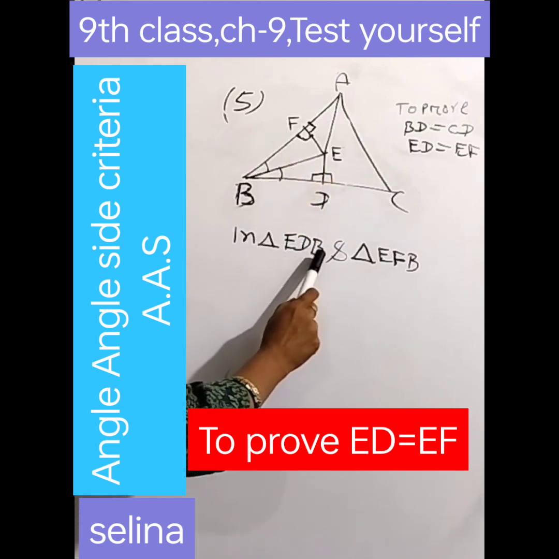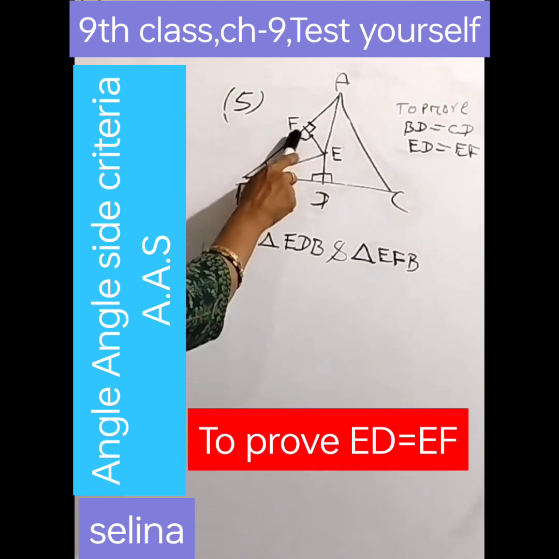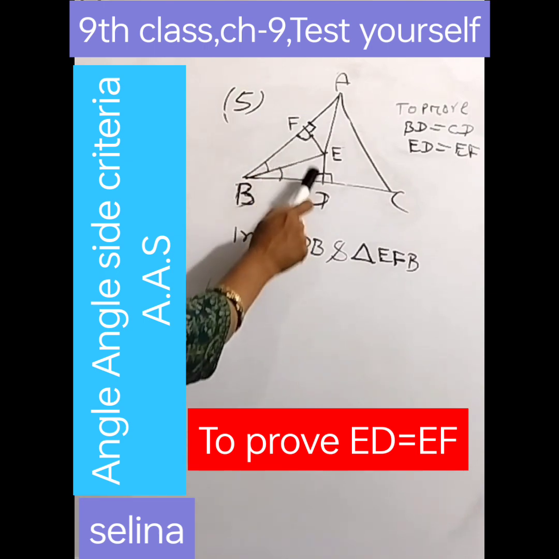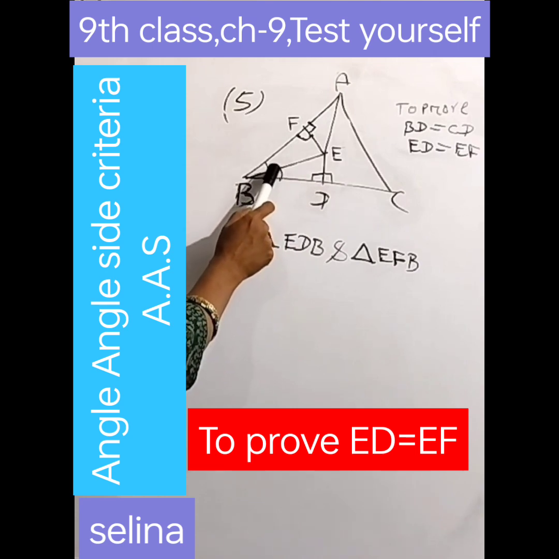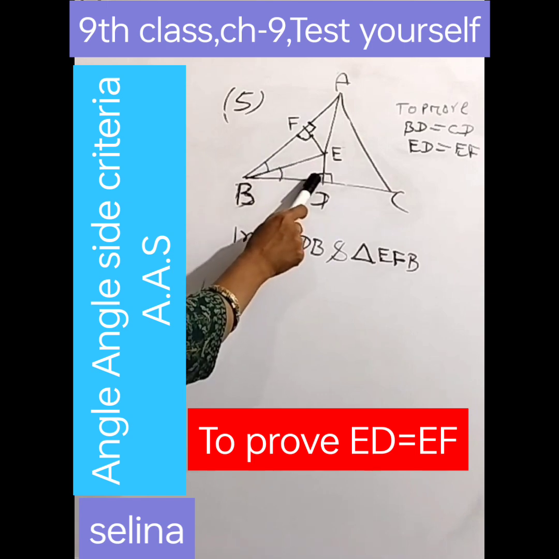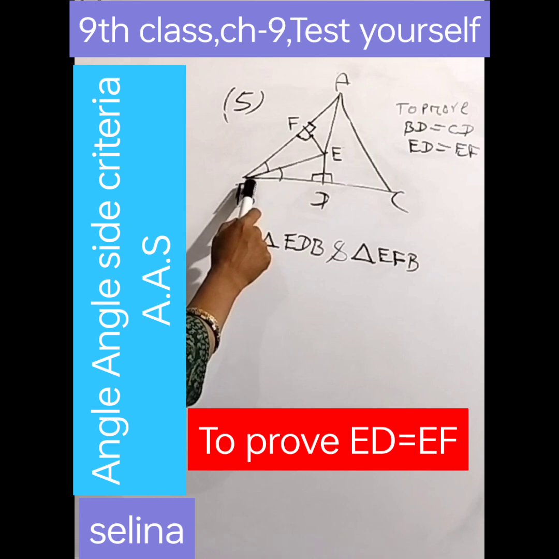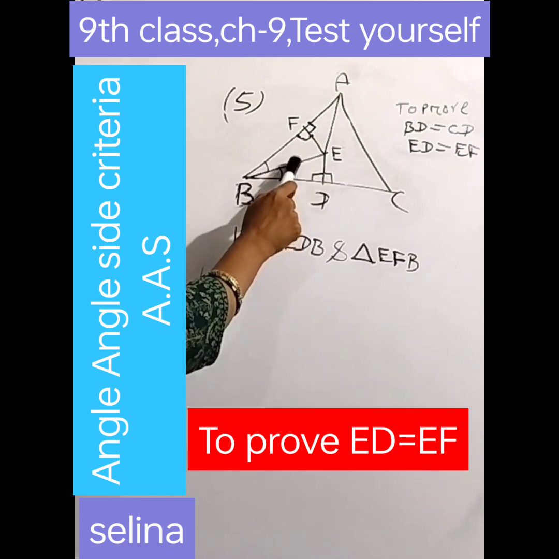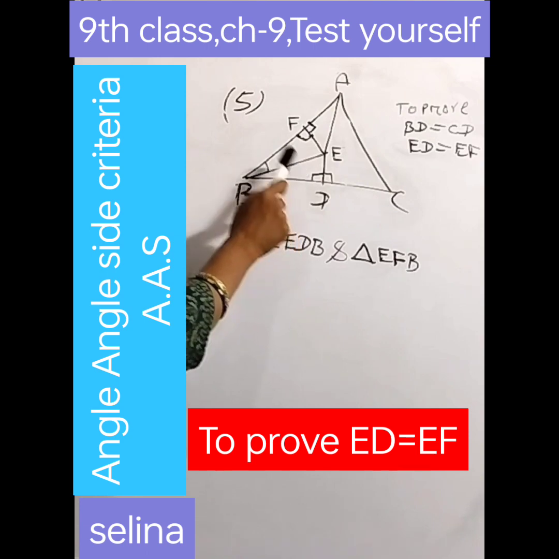In triangles EDB and EFB, what is equal? This angle and this angle are equal, this is 90 degrees, this is 90 degrees. And this angle and this angle are equal, it is given. And EB is common. So angle side, these two triangles are congruent.